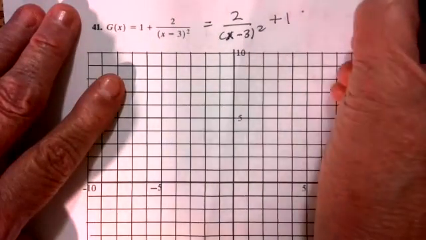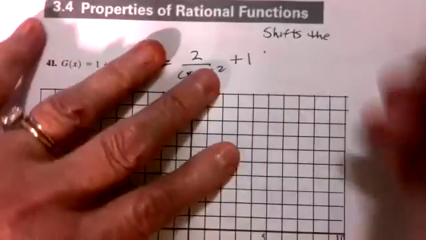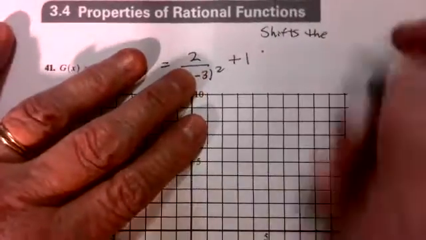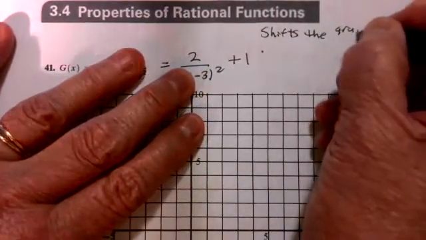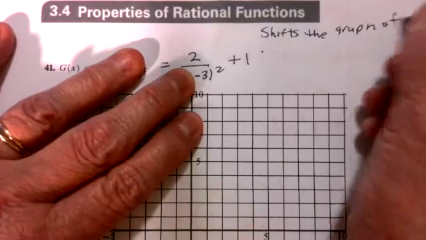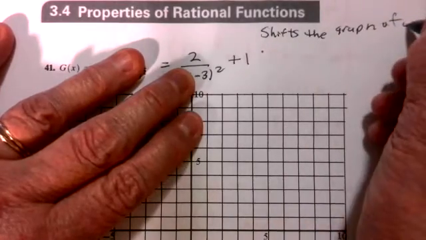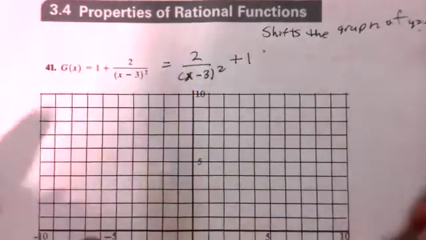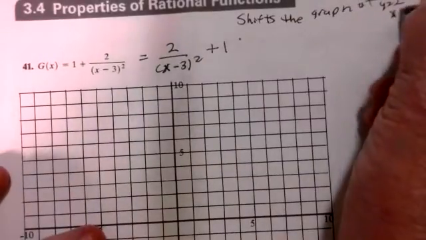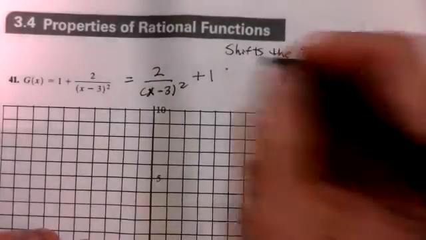Okay, so it shifts the graph of y equals 1 over x squared. And this is how it shifts it.